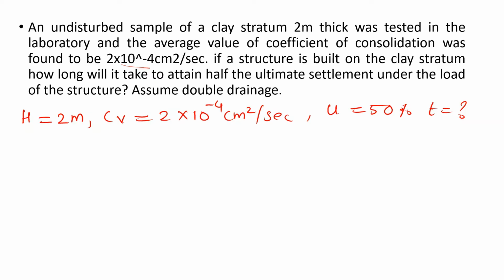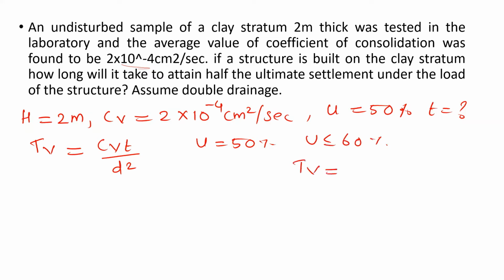We already studied in the last class the time factor equation, that is Tv = Cv t / d². And we also know the relation between degree of consolidation and time factor: for U less than or equal to 60%, the equation for time factor is Tv = π/4 × (U/100)².